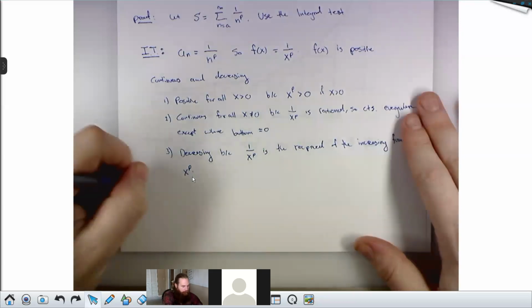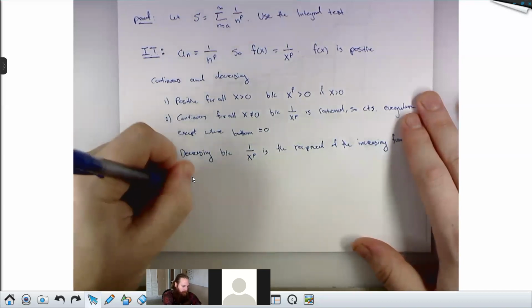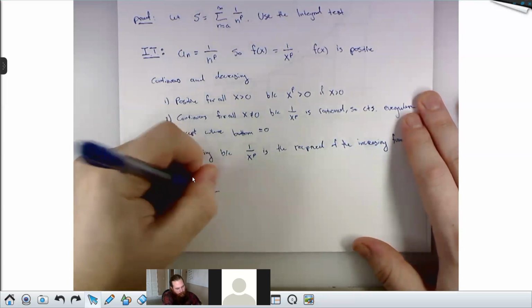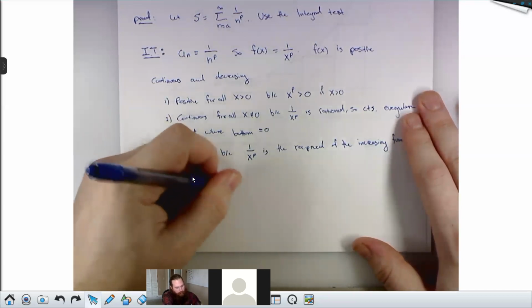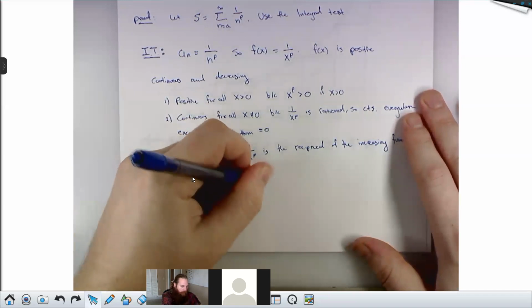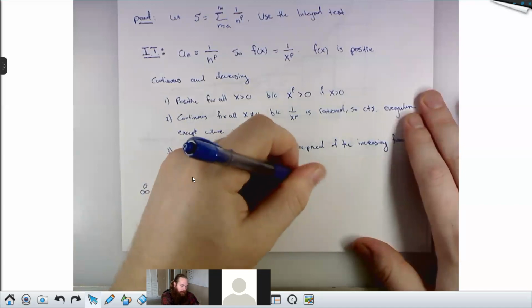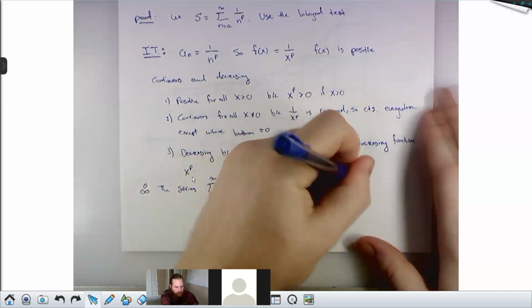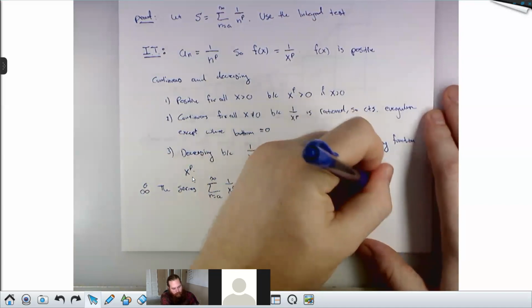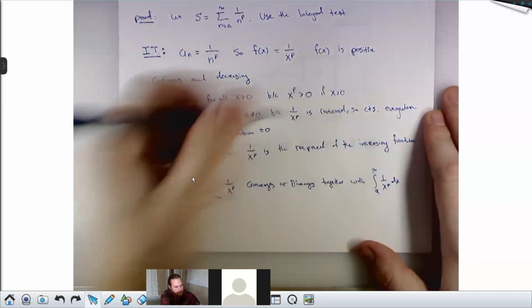So the series sigma n from wherever to infinity, 1 over x to the p, converges or diverges together with the integral a to infinity 1 over x to the p dx.